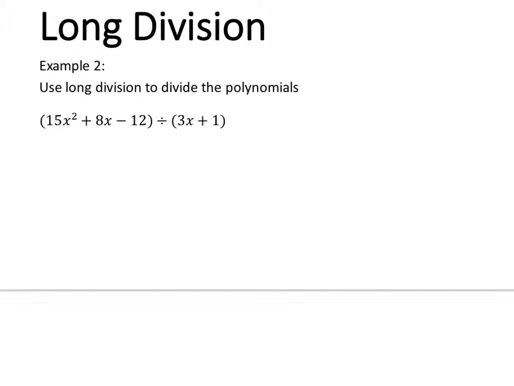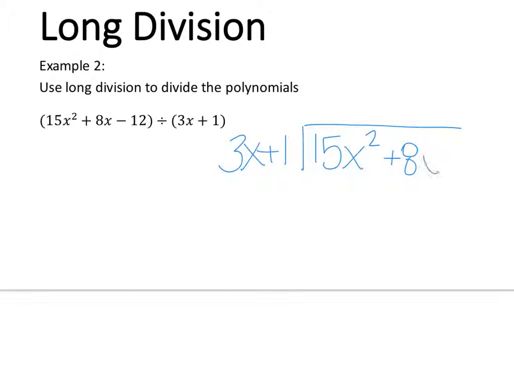I wanted to do one more example with you so you could see what happens if you do have a number in front of your x. It still follows the exact same steps. So I'm going to rewrite this problem as 3x plus 1, and I'm dividing 15x squared plus 8x minus 12.